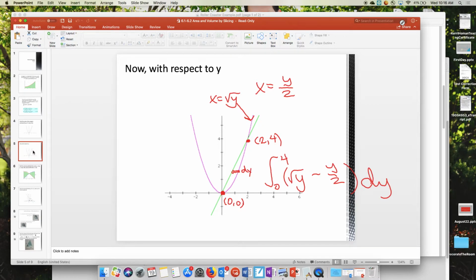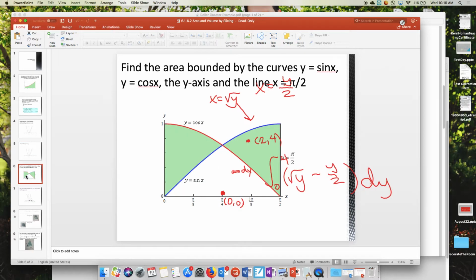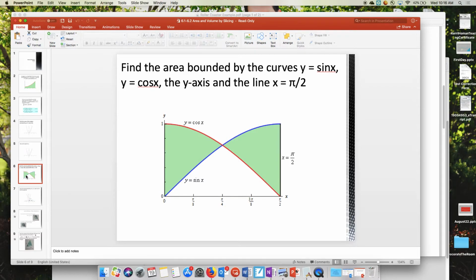Okay? I'm just going to show you a picture so we can get to our activity. I'll show you two pictures. Here's a picture of an example where our top and bottom function change. So we would need to have two integrals here.